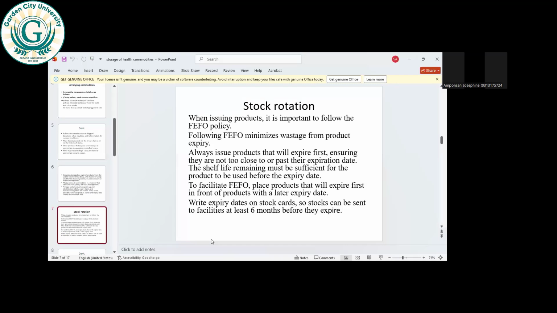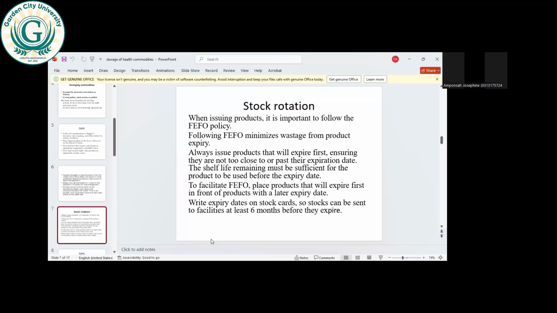Because in our part of the world, this might not happen. You cannot reject product. They send product to you, and you say that by the convention the shelf life should be at least 6 months. It doesn't happen, because sometimes a facility receives product a month to expiry and you cannot reject it.